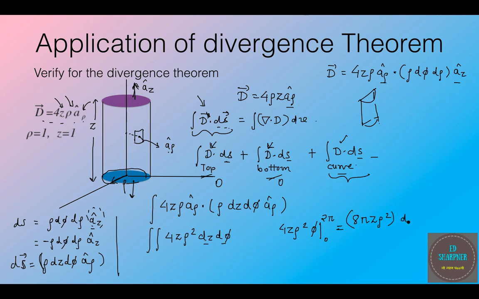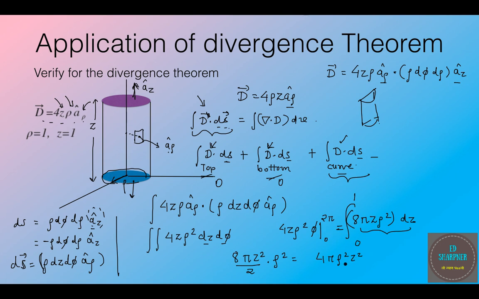and then we have to do the integration with respect to dz as well, that is remaining. So if you integrate this with dz, the limit from 0 to 1, we get 8 pi z square by 2 rho square, that is 4 pi rho square z square, and the values for rho and z will be given as 1, because that is the limit of it, 0 to 1.